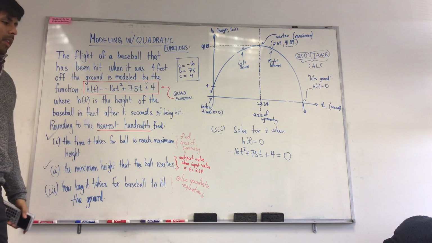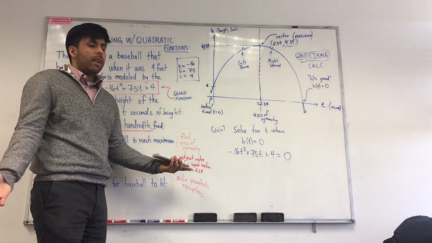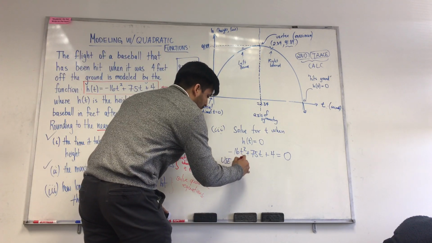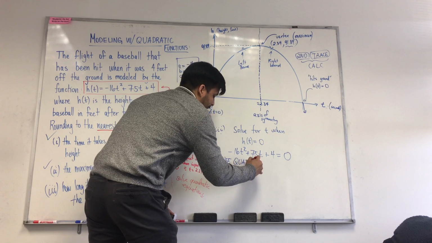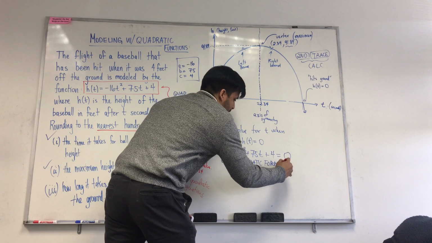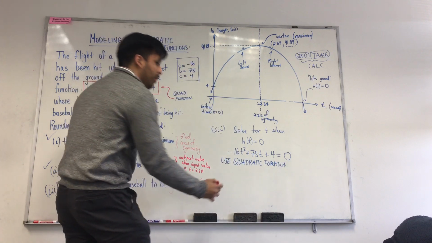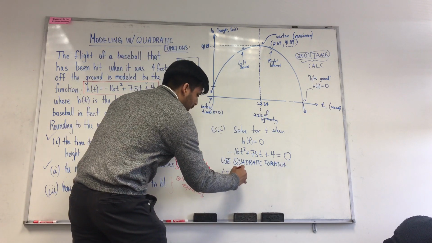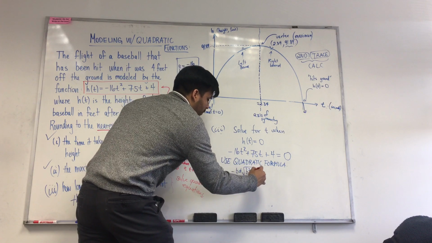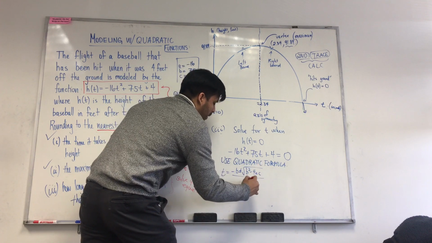And how do we solve such a thing? Well, we know how to use the quadratic formula. That usually works. So when we use the quadratic formula, we know that it's negative b plus or minus the square root of b squared minus 4ac all over 2a.